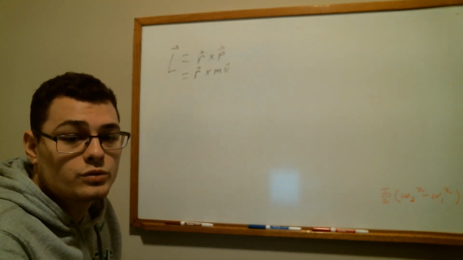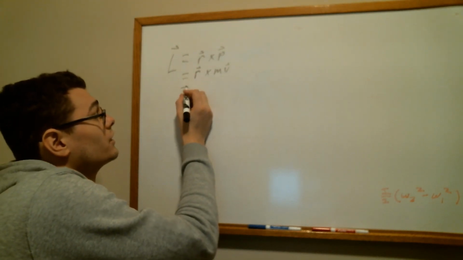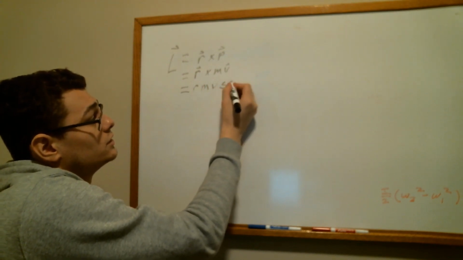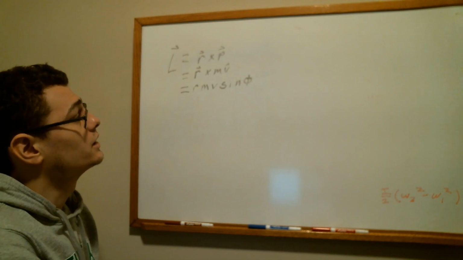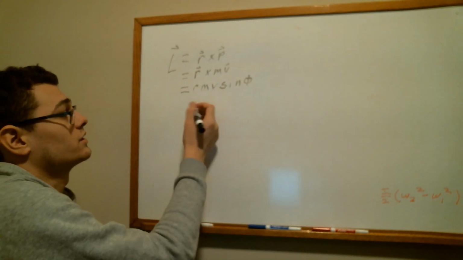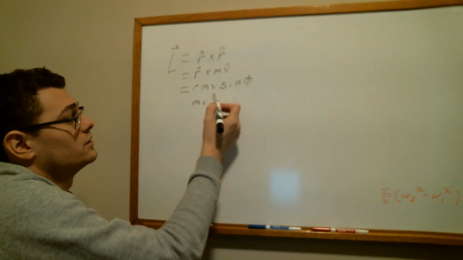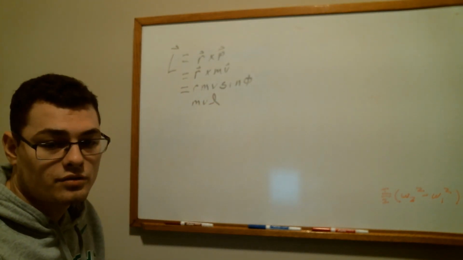And when we take the cross product between these two, we get R M V sine of phi. And this R and sine phi here is just our lever arm, so we have M V times our lever arm.